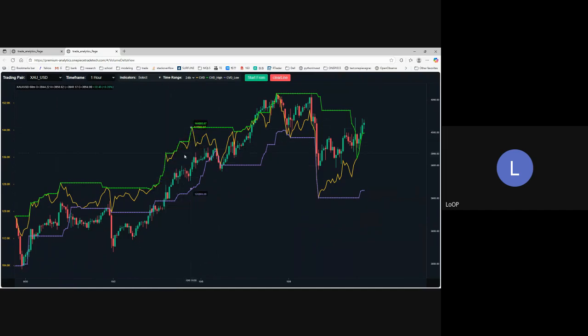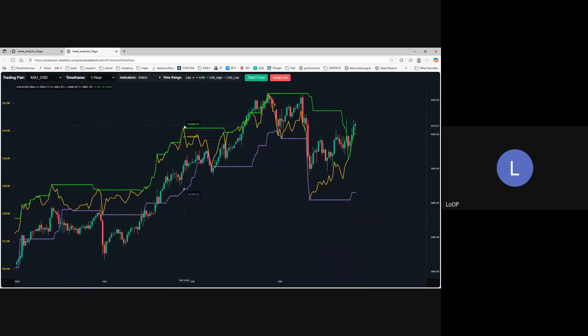So whenever the yellow line goes above and pushes the green line higher, it means that compared to 24 or 48 hours ago, institutions are injecting more money into the market. Basically, it means they're long. And if it pushes the purple line lower, it means compared to 24 or 48 hours ago, more money is being pulled out of the market.